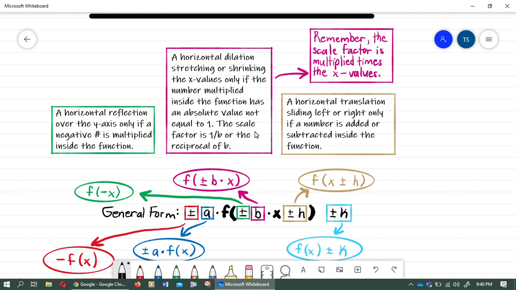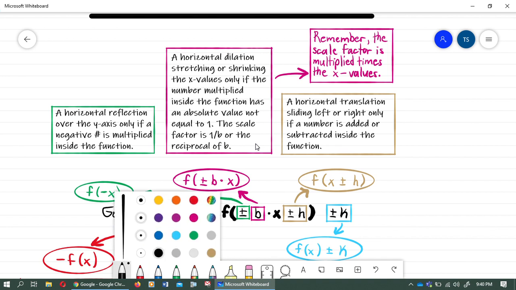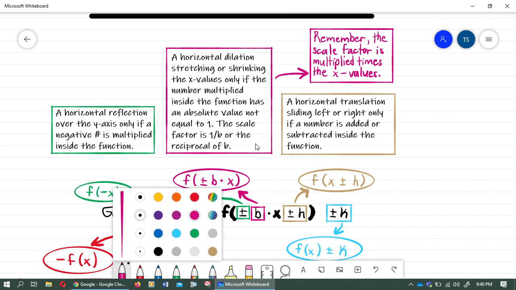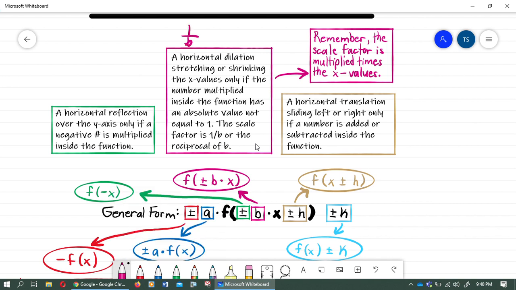In other words, it's going to be the reciprocal of b. I know I didn't have it written like that because that's typed, and I couldn't type that, but anyway, it's 1 over b, or in other words, the reciprocal of b.